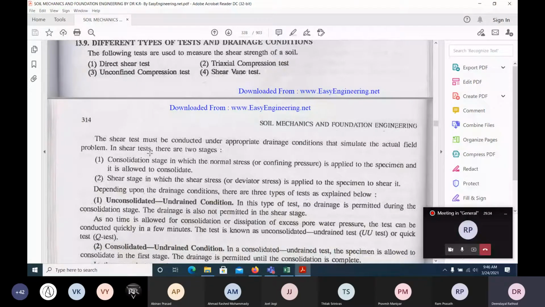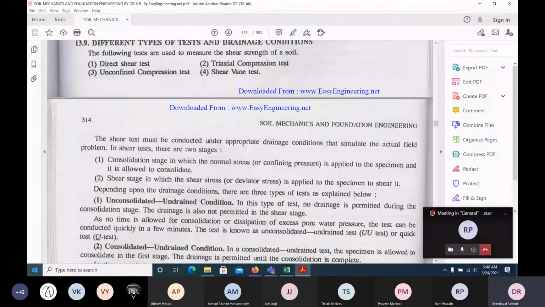Okay, in the shear test generally we consider there are two stages. One is the consolidation stage, in which normal stress or a confining pressure is applied to the specimen and it is allowed to consolidate. And the second stage is the shear stage, in which the shear stress or a deviator stress is applied to the specimen to shear it.